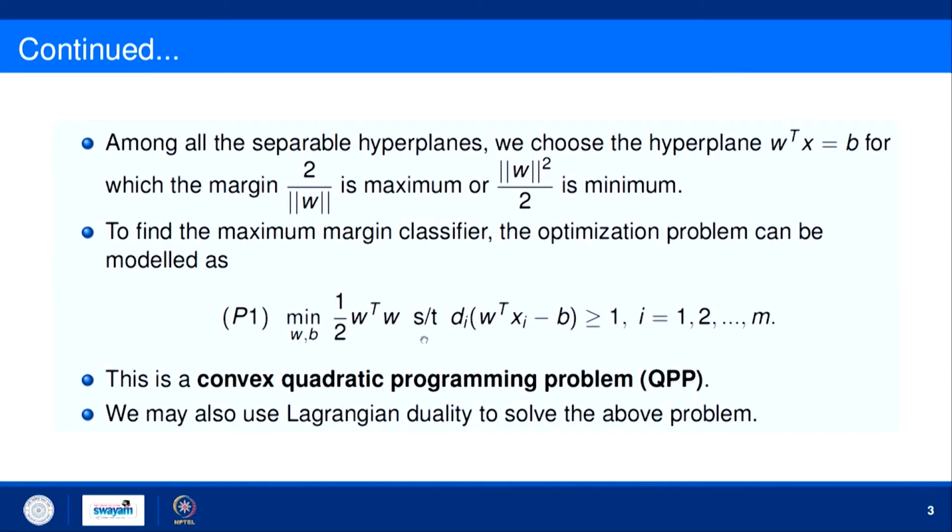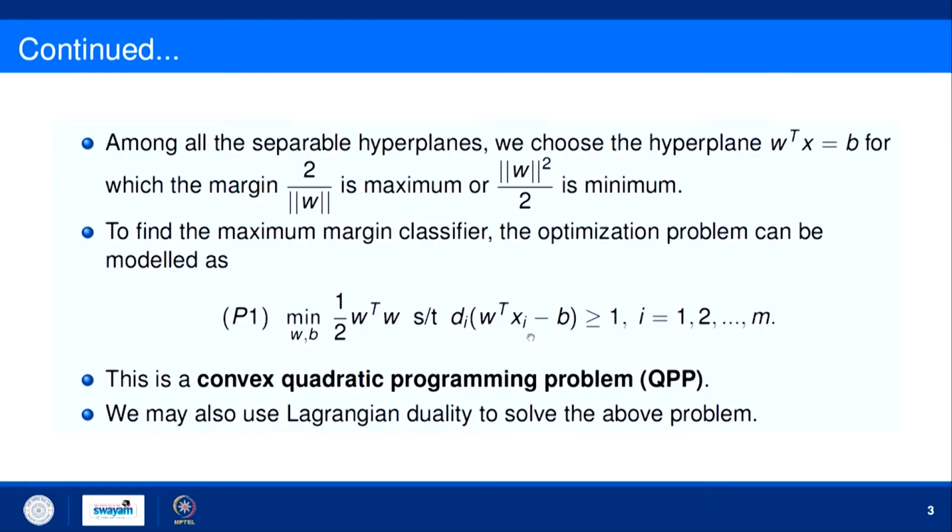In fact, it is a convex quadratic programming problem, because the diagonal elements are all 1 by 2 in this case, which is positive definite and hence convex, and the constraints are linear of course. We can have different algorithms to solve such problems. Once we find W and B, we can find the hyperplane W transpose x equal to B, which is an optimal separating hyperplane.